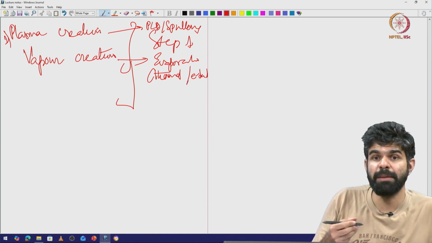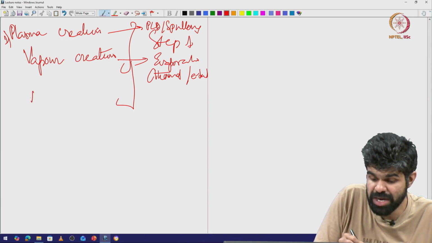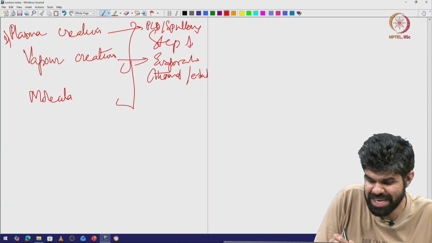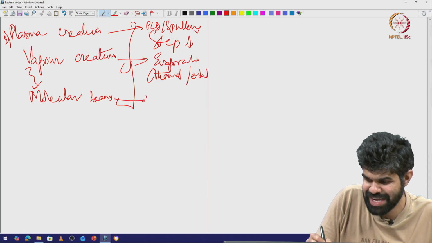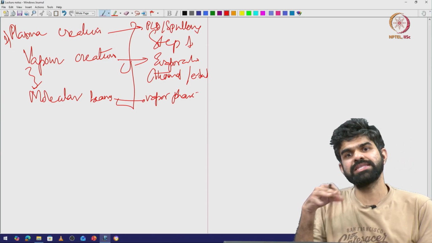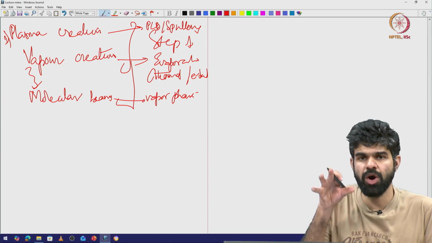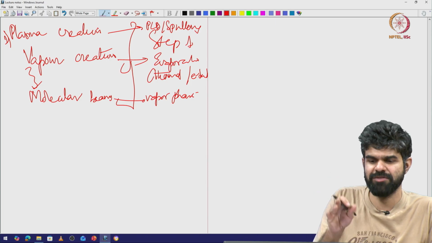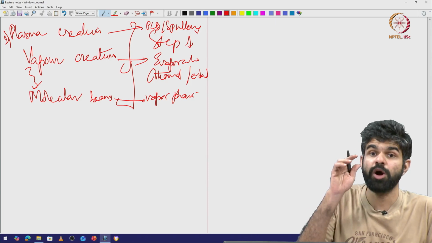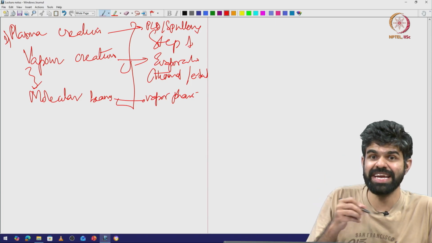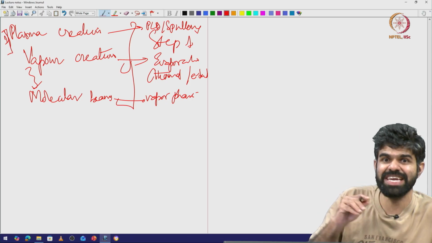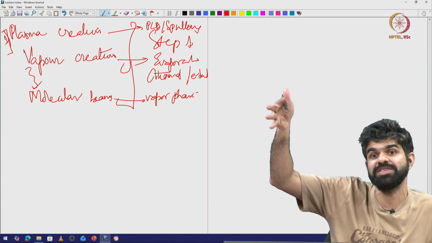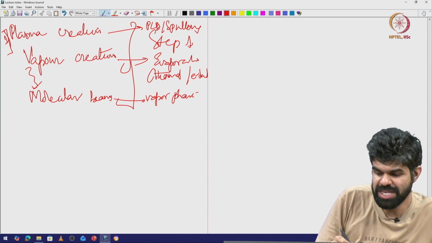Then if I am doing molecular beam epitaxy, I anyway have molecular beams which are like vapor phases. So, physically I already have sources of barium titanate vapor or plasma phase. I create them in various different phases. So this is step 1. Step 1 is creating the phase from which I have to deposit.